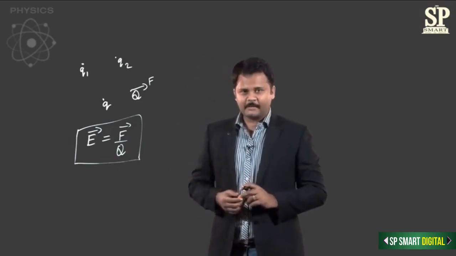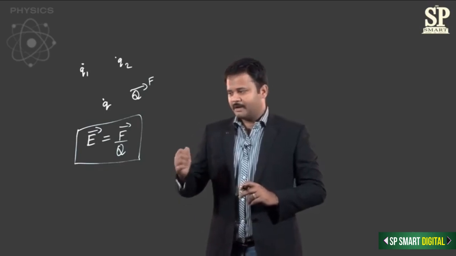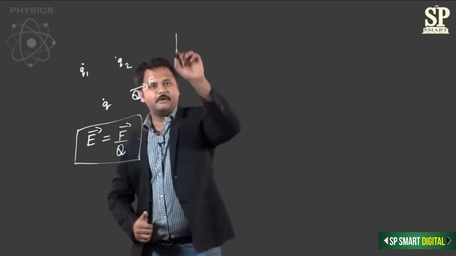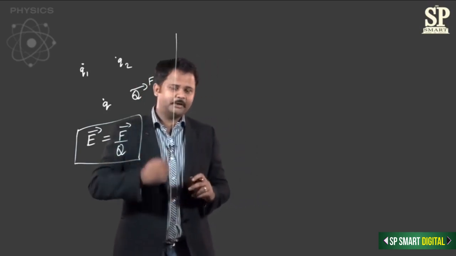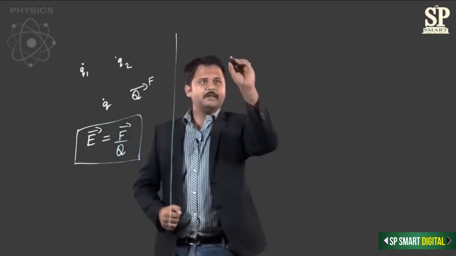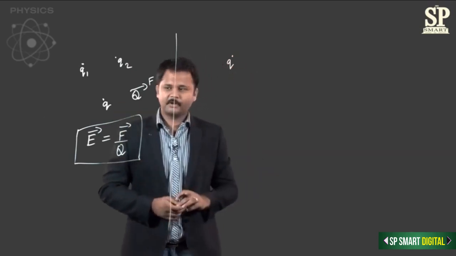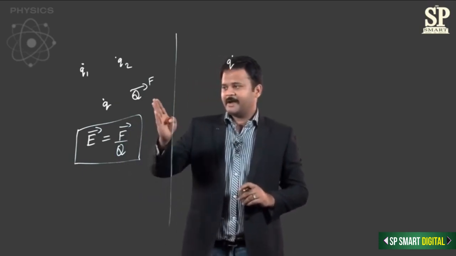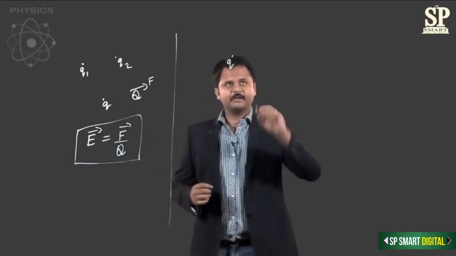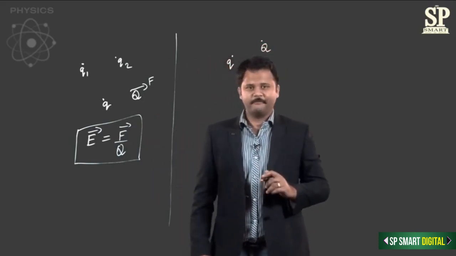Let's try to gain some hands-on experience in finding electric field now. Let's start with the very basic first situation in which we want to find out the electric field due to a single point charge. Let's say we have this charge q just like it is kept here. Now, if I introduce this test charge capital Q, I can find out the expression for force.